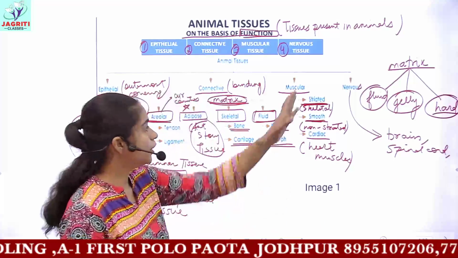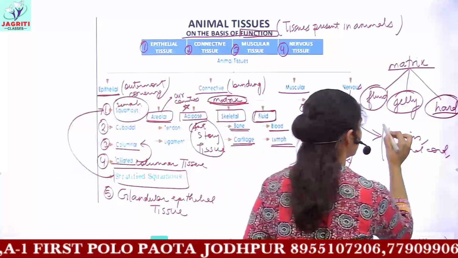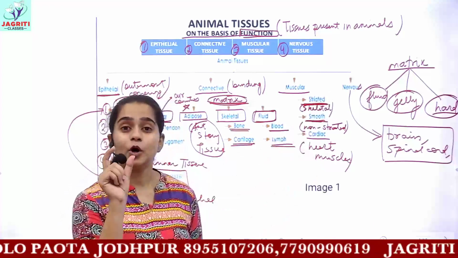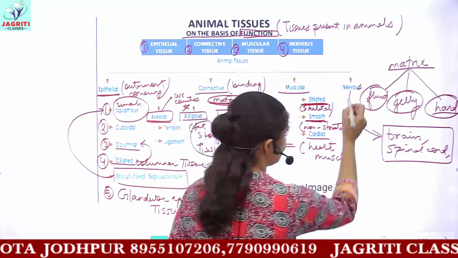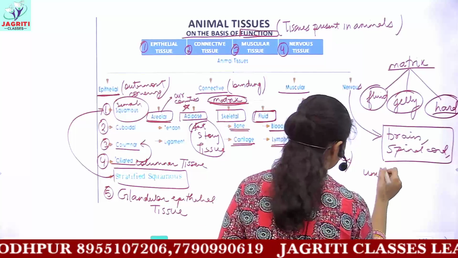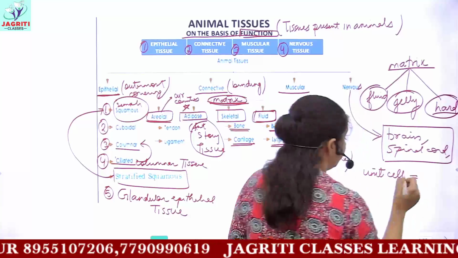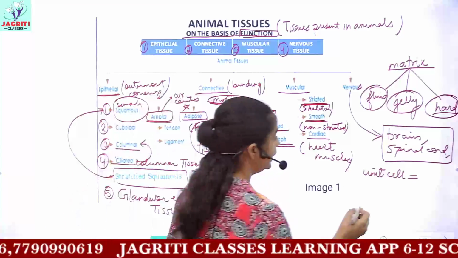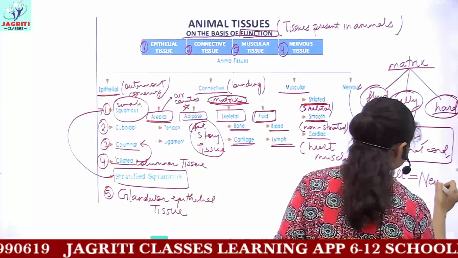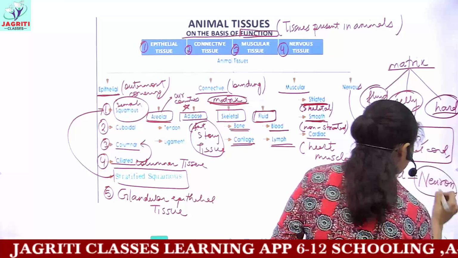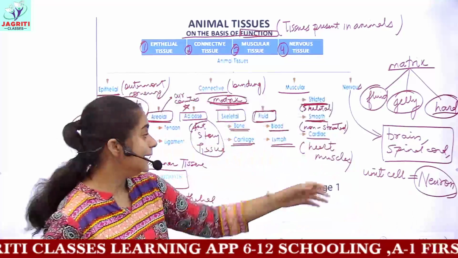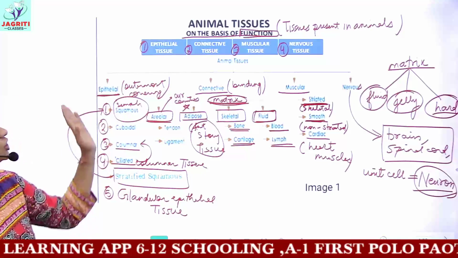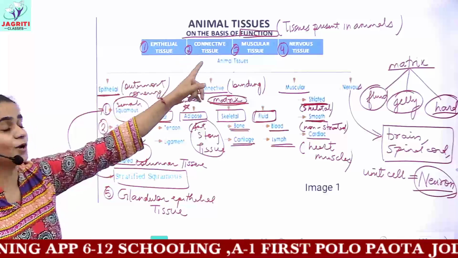Nervous tissue is made up of a small unit, the cell, which combine together to form this group of nervous tissue. It is called a neuron. Remember this, as we have to study the structure of the neuron in detail. So this was your classification of animal tissues on the basis of their function.